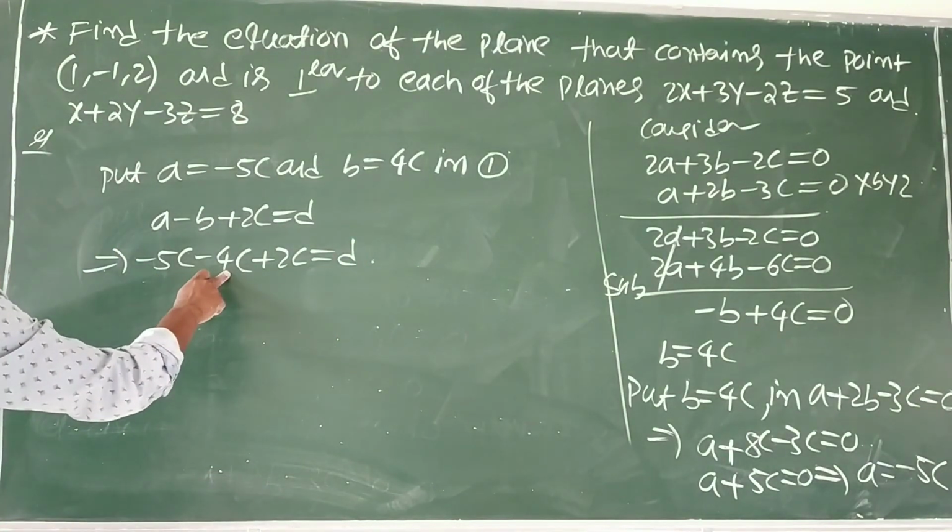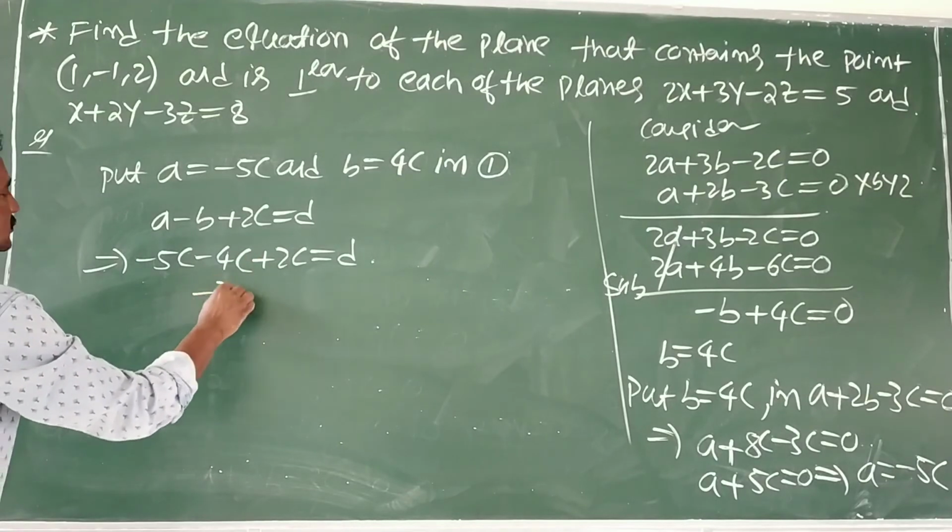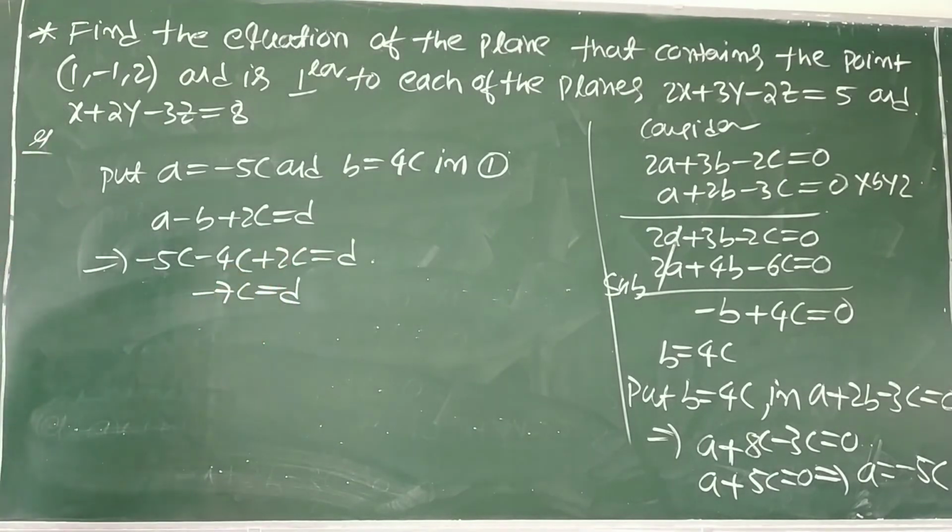Minus 5 minus 4 is minus 9, plus 2 is minus 7c, equal to d. I got d also in terms of c.